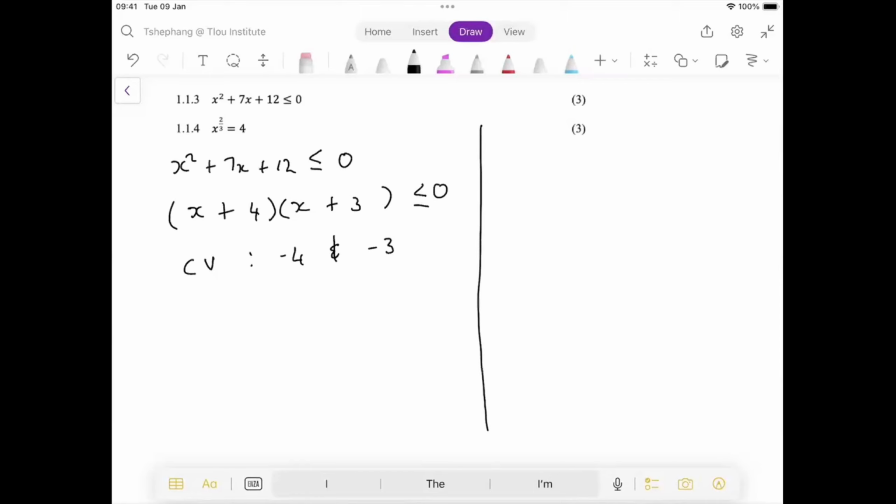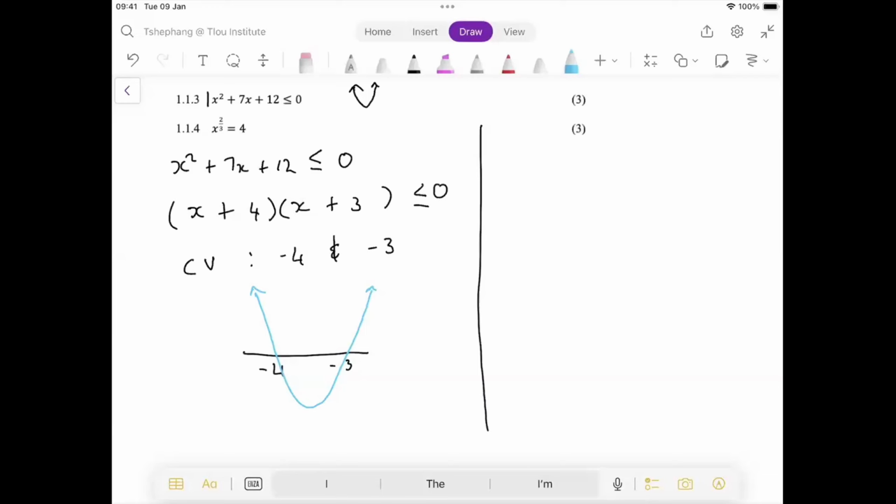The a value is +1, meaning that it's a happy-faced parabola that passes through the points -4 on the left and -3 on the right. The parabola is going to pass through those points. And it's a happy-faced parabola.